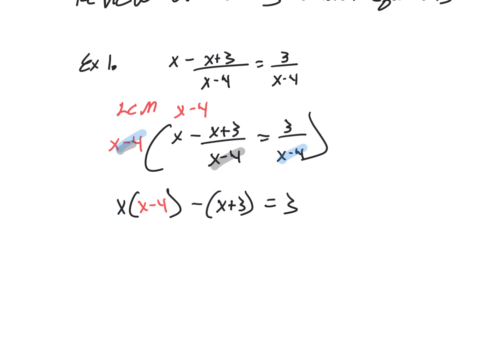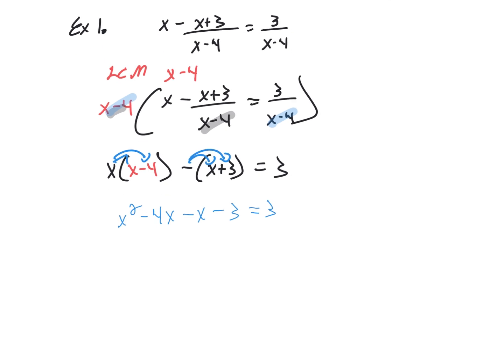So when I distribute here, we end up with x squared minus 4x minus x and then minus 3 equals 3. Well, I'm going to combine my like terms first, and I have the equation x squared minus 5x minus 3 equals 3.